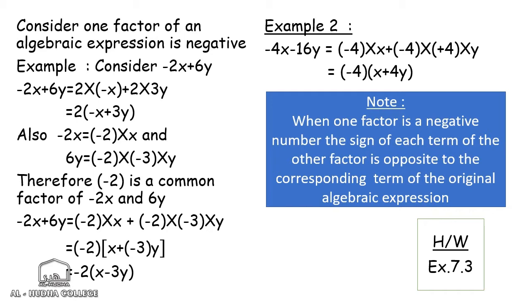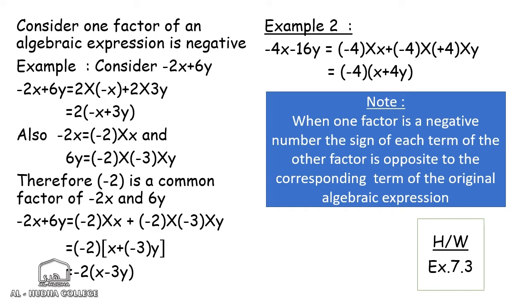If you consider this, minus 2x can be written as 2 into minus x. Then plus 6y can be written as 2 into 3y.